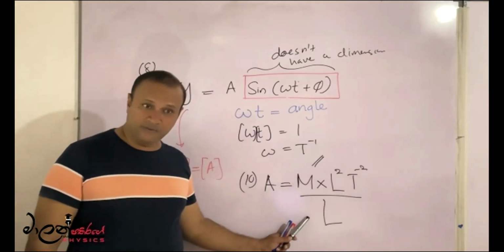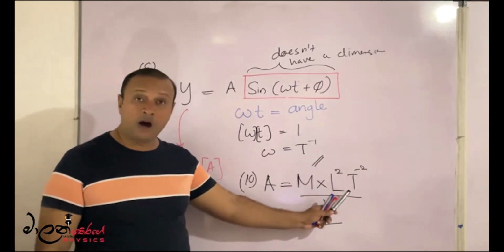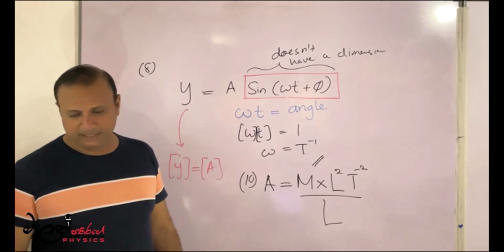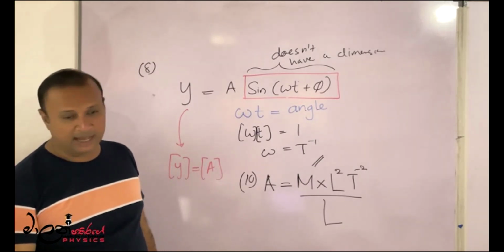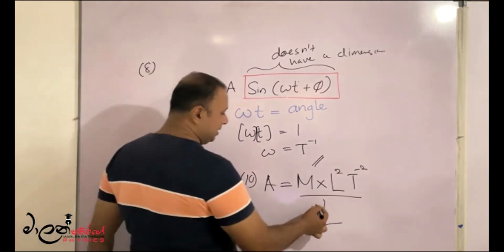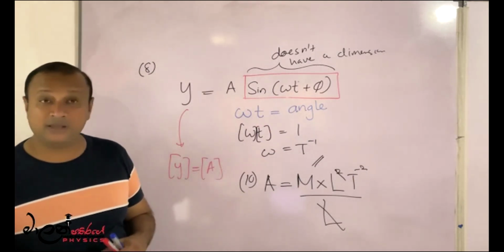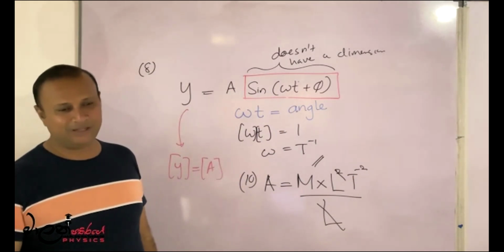Therefore, dimension of radius is L. This is the square of the dimension of velocity. And one L will be cancelled out. Then the answer is M L T minus 2. M L T minus 2 means it is the dimension of force.